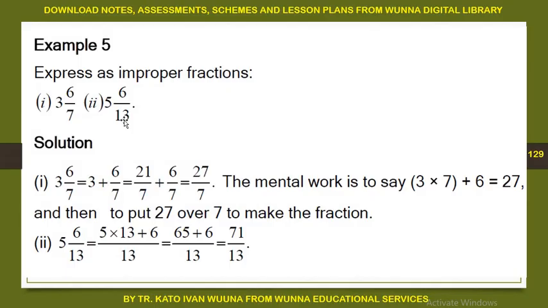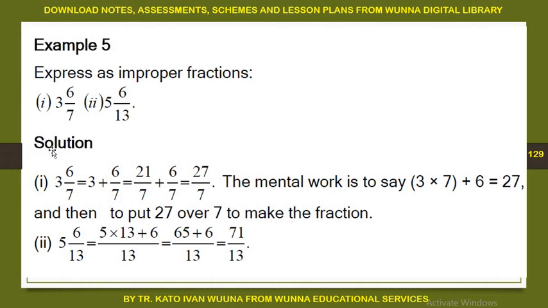So that is how we convert mixed fractions to improper fractions. The rule is simple. Multiply the denominator times the whole number plus the numerator. What you get is what we shall put over the original denominator to get our improper fraction.